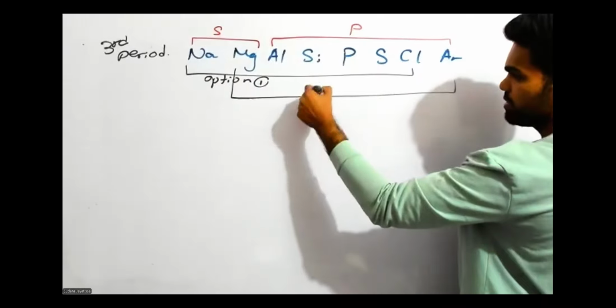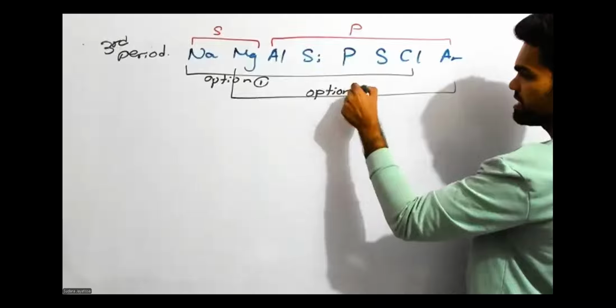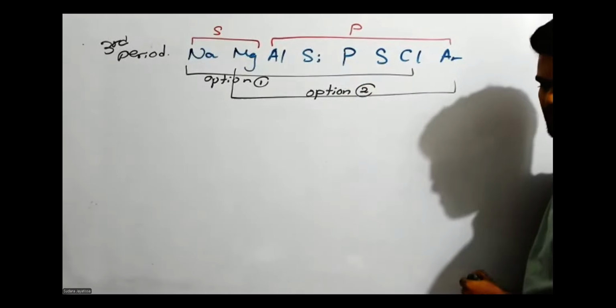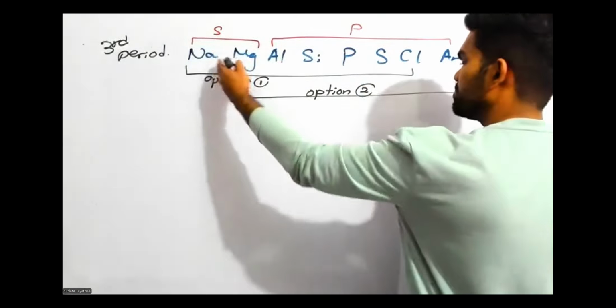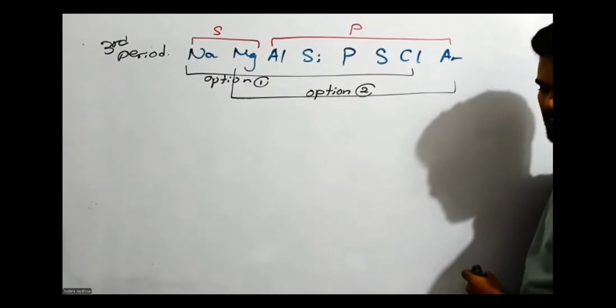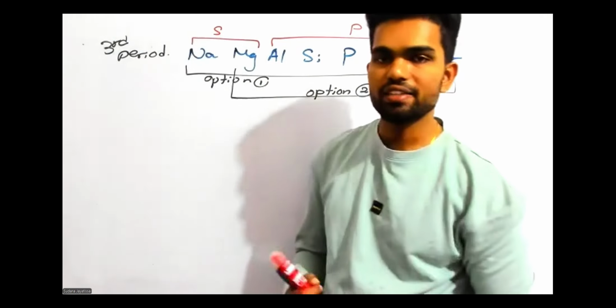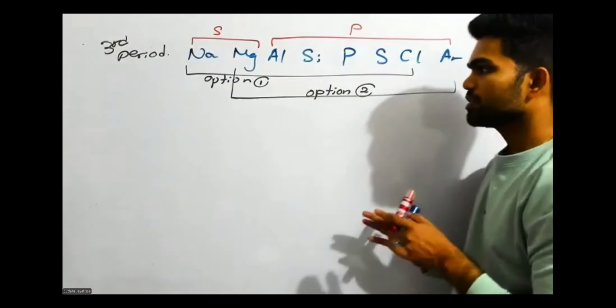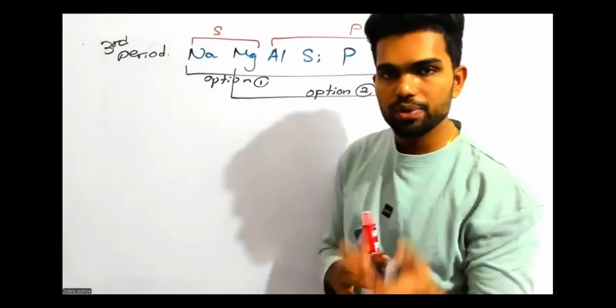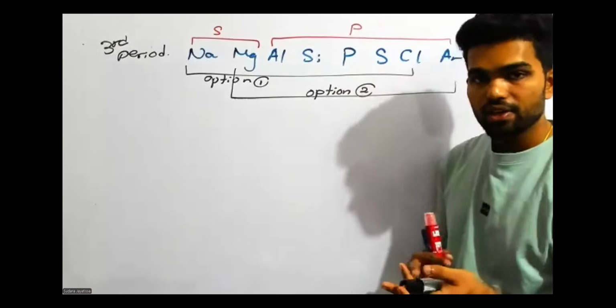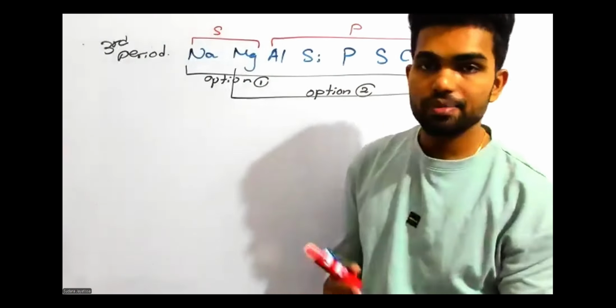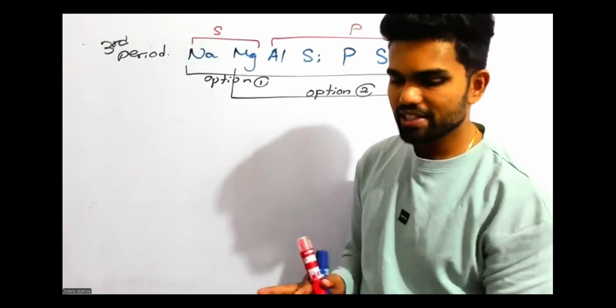This is your option 2. Because these elements are consecutive, these 7 elements should be adjacent to each other. Understand? So you need to check which possibility is true. Is it sodium to chlorine or is it magnesium to argon? You have to select which one is correct.